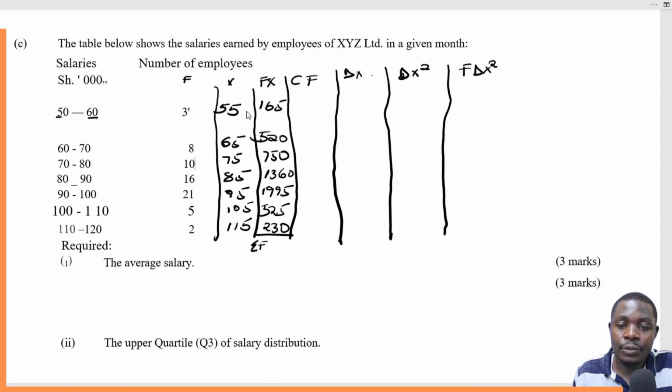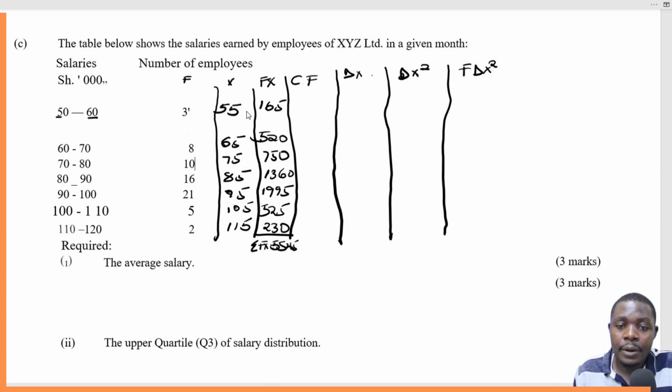Now for the purposes of calculating the mean, we have the summation of fx. Now we can find the sum of these particular figures. We have 165, we add 520, we add 750 plus 1360, 1995, also add 525 plus 230. You get the total here 5545.